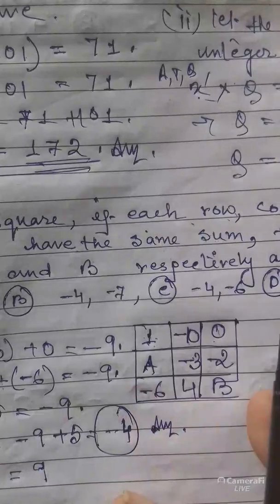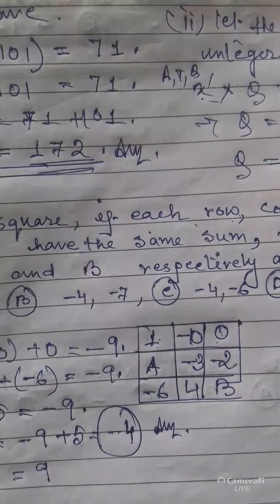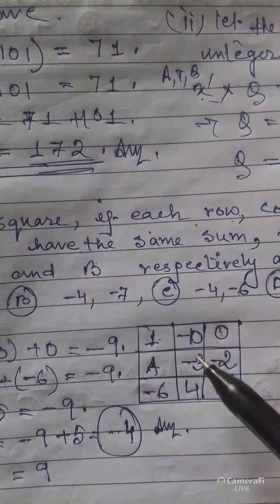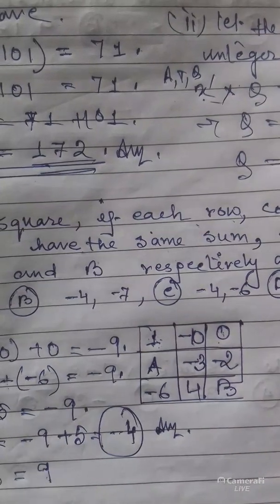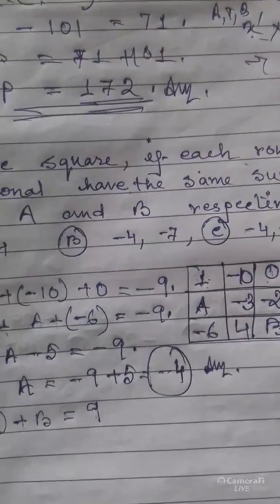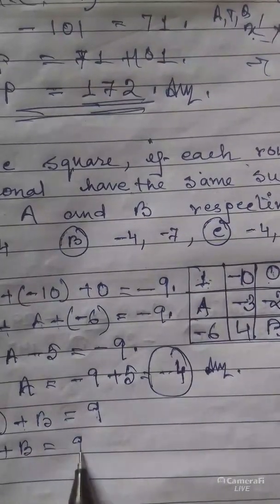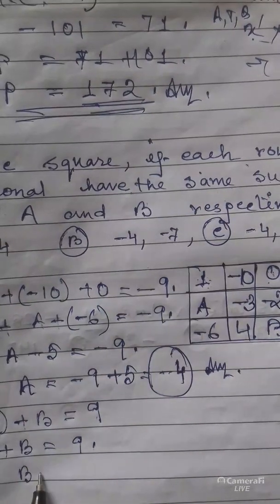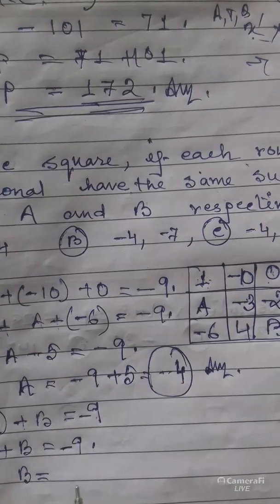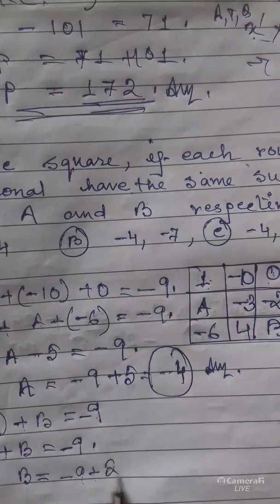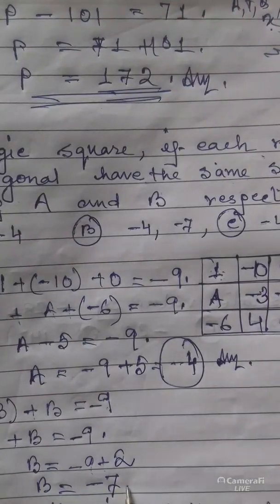That's why we write 1 plus minus 3 plus b equals 9. Then minus 2 plus b equals 9. So b equals minus 9 plus 2, so b equals minus 7.